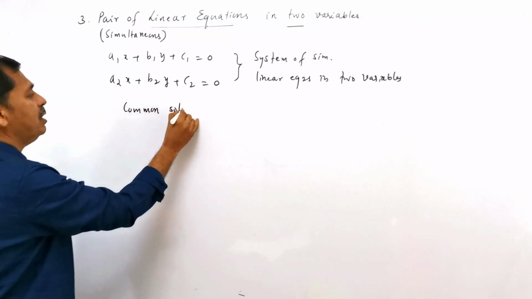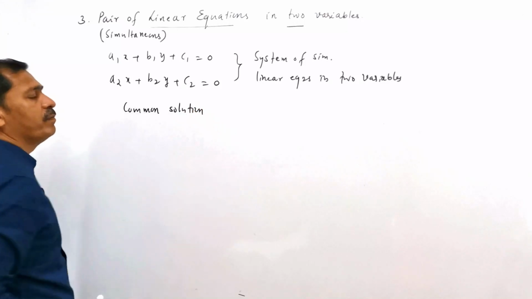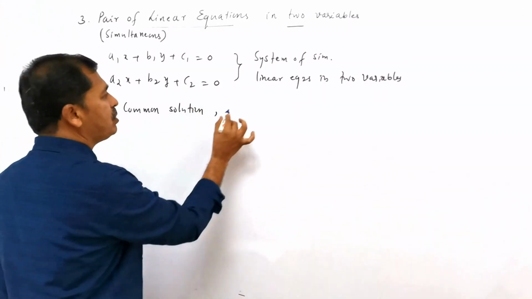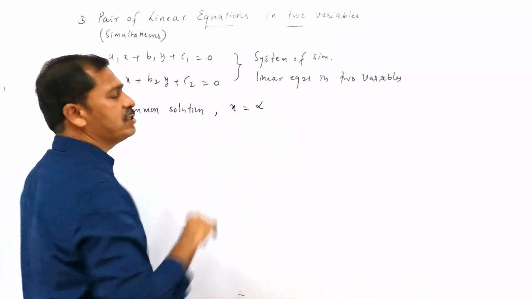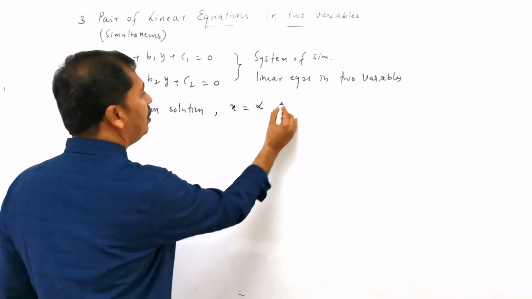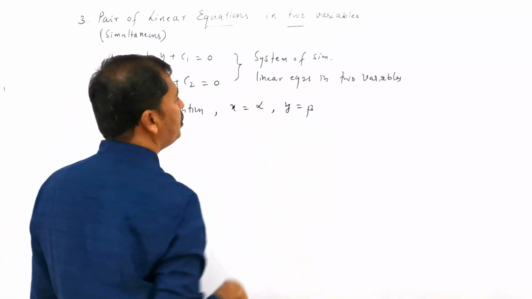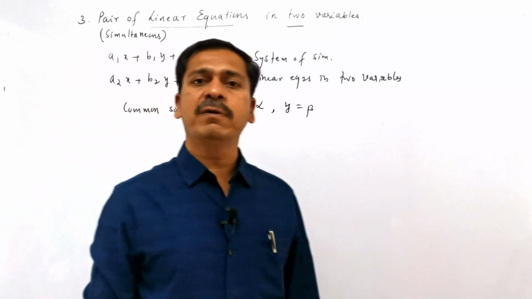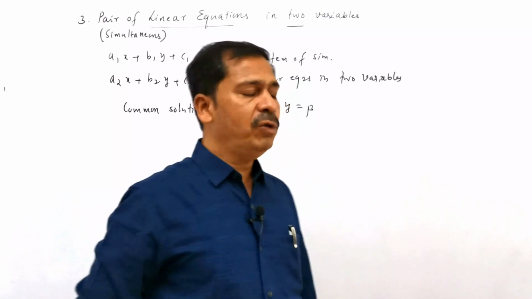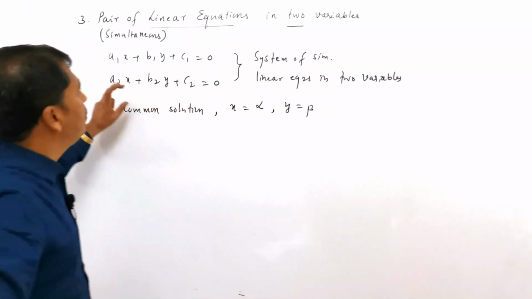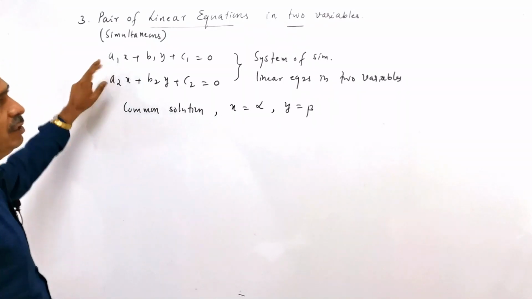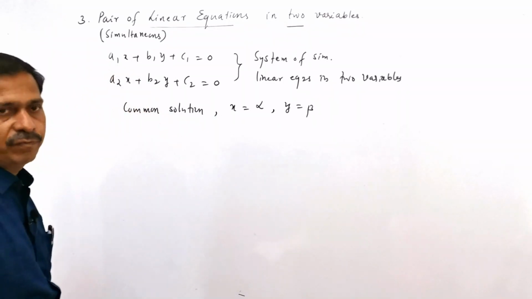They must possess a common solution. That means there should exist a common solution. Means what? There should exist some x equal to say alpha and y equal to beta, which satisfies both the equations. Then only we can say this is going to form a system of simultaneous equations in two variables.